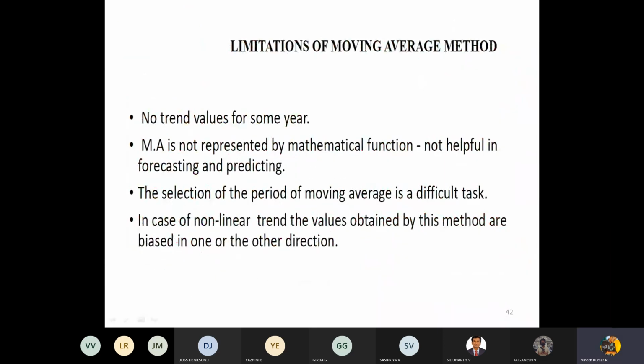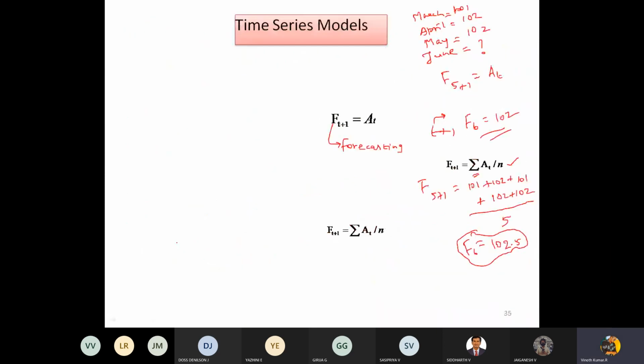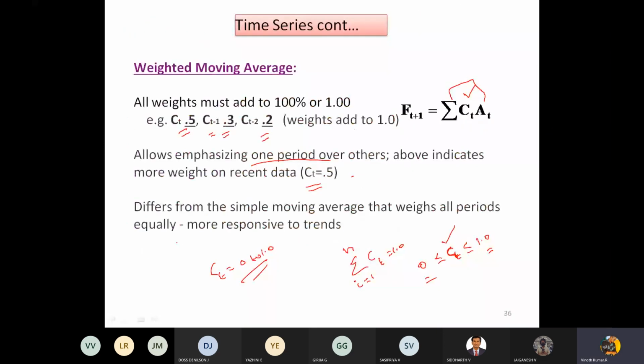So it is a weighted moving average formula, right?